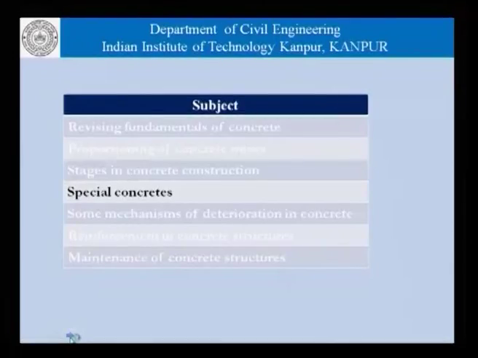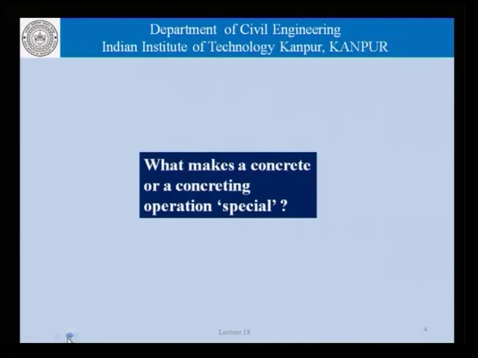this material. As far as our discussion on special concretes is concerned, what we must understand to begin with is what makes a concrete or a concreting operation special.